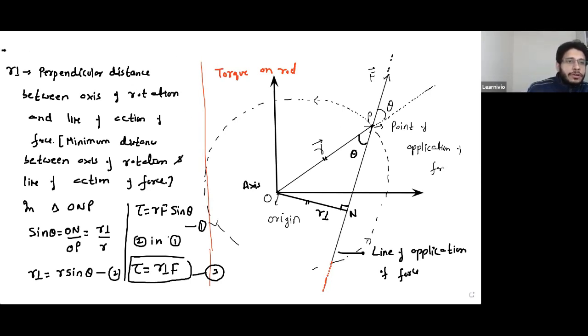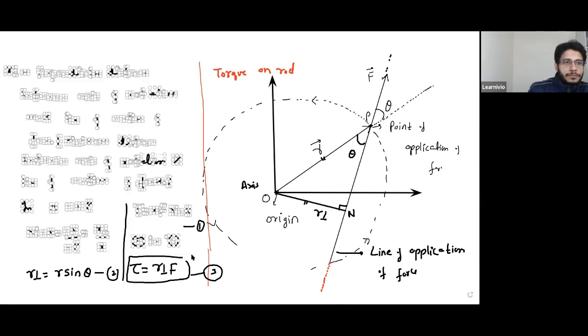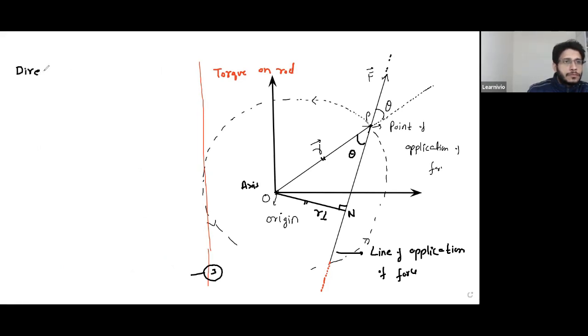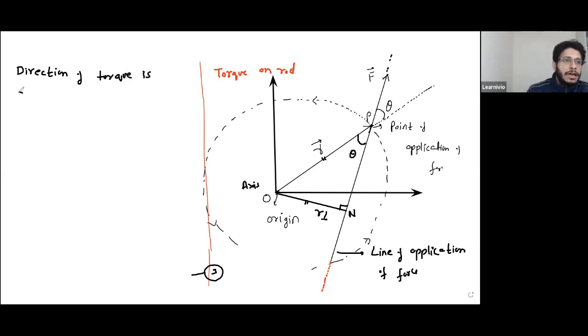So the direction of torque is along the axis of rotation, given by right hand thumb.